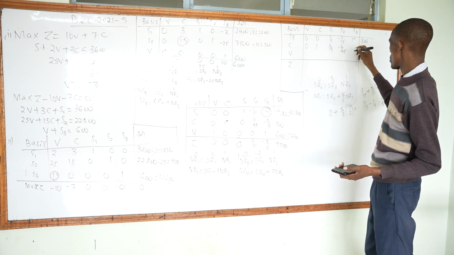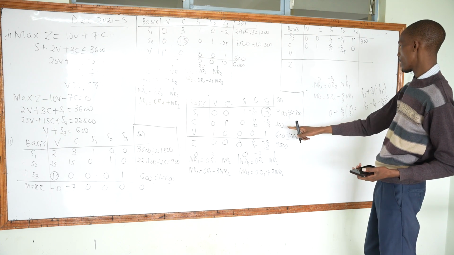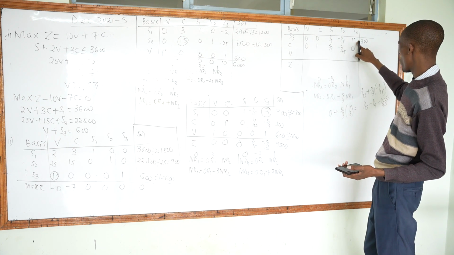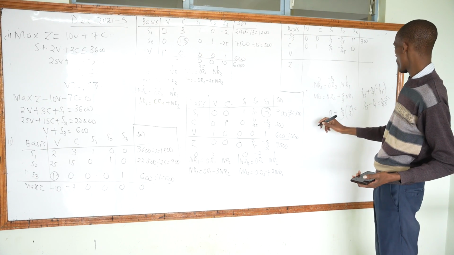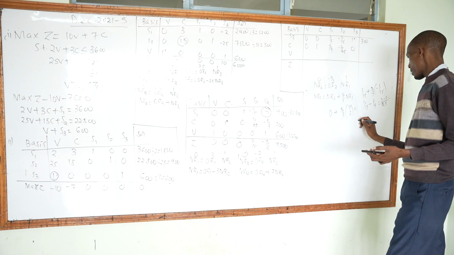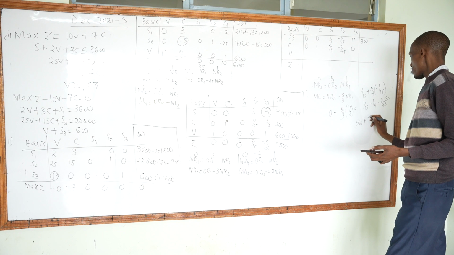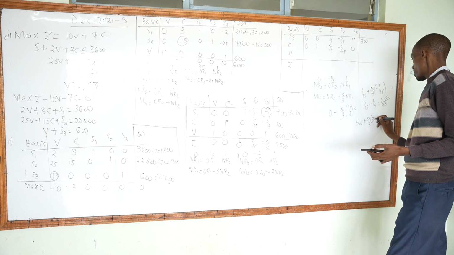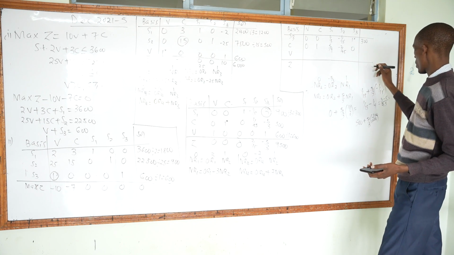So remember this one will be 0 because if we take negative 5 over 3 plus 5 over 3, it will be 0. Then 500 plus 5 over 3, 300 will be 1,000.